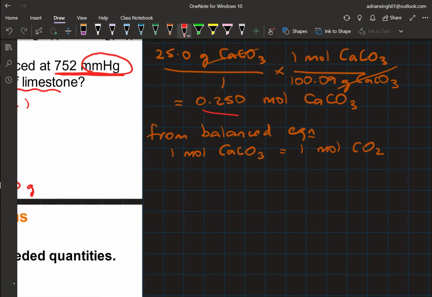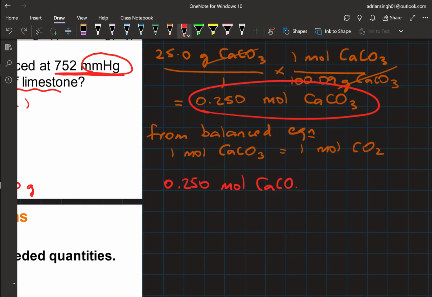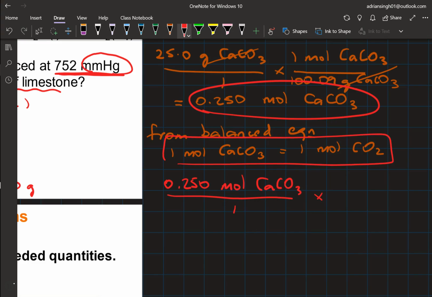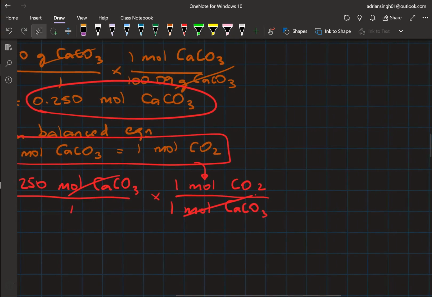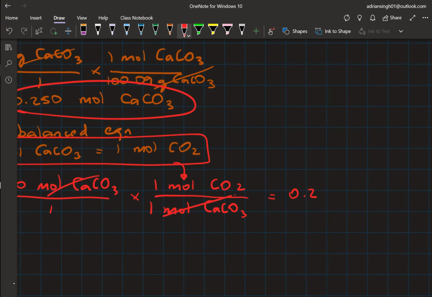From my previous step, I have 0.250 moles of CaCO3 that I calculated from the mass. Then I take my equality from the balanced equation and use it as a conversion factor: 1 mole of CO2 per 1 mole of CaCO3, with the calcium carbonate underneath so it cancels. Obviously, that gives us 0.250 moles of carbon dioxide. That's our gas.